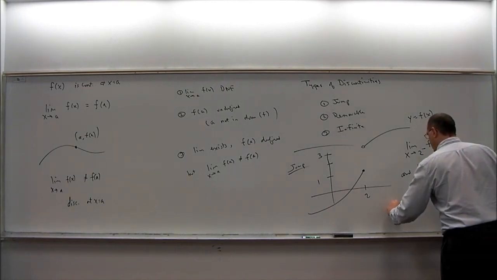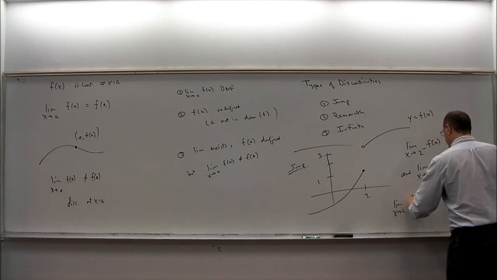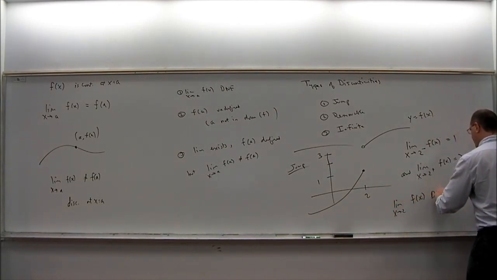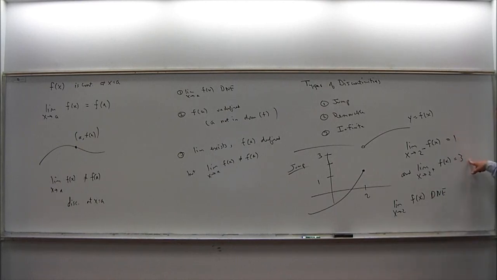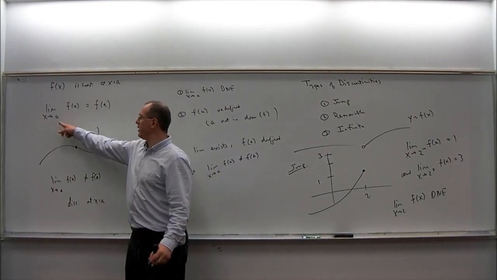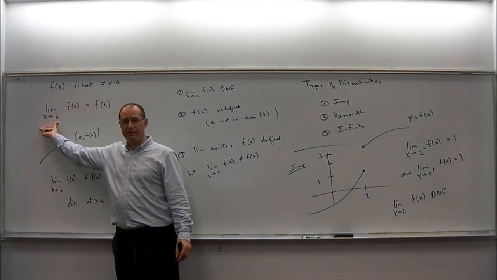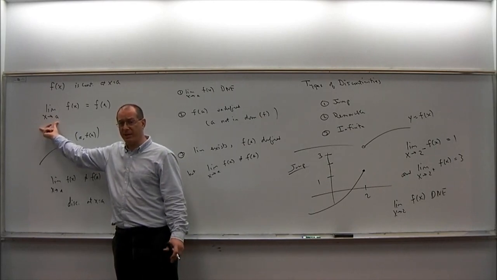And so the two-sided limit does not exist because the one-sided limits have different values. Notice the detail that in the definition of continuity at x equals a, the limit we're investigating is a two-sided limit.